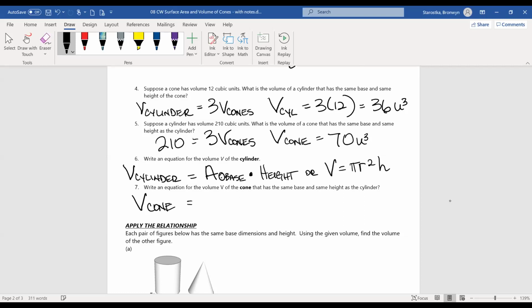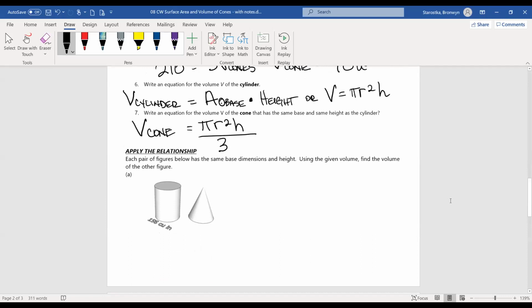Well, we can find the area of the circle base, multiply by the height, and divide by 3, or we can use this handy little formula, pi r squared h divided by 3. Area of the circle base times the height, we just want 1/3 of it.